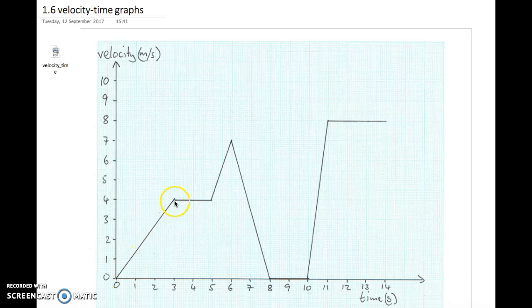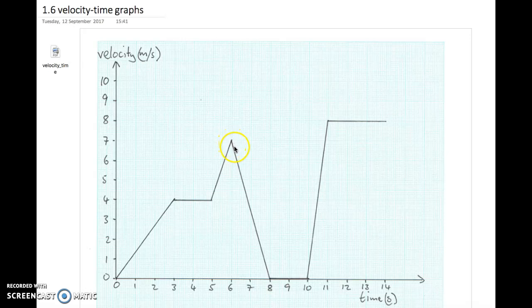We call it uniform acceleration. So we're accelerating here, speeding up. And then velocity stays the same for the next 2 seconds. So we say constant velocity. And then the velocity increases again for the next second, up to 7 meters per second.